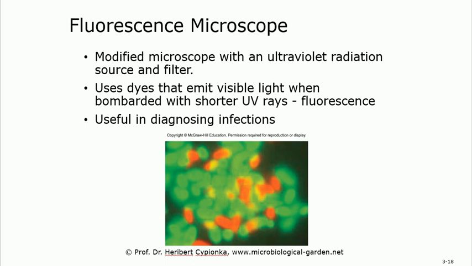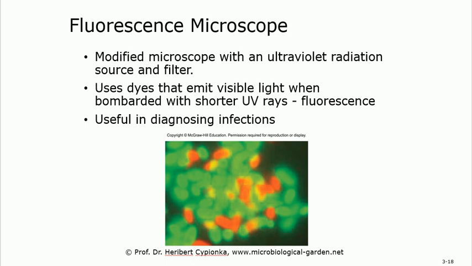The next microscope is the fluorescence microscope. It's basically the same, they modified it a little bit, and instead of using the regular light source, they used ultraviolet radiation with a filter. This is basically the difference. And you have to use certain dyes in order to see.